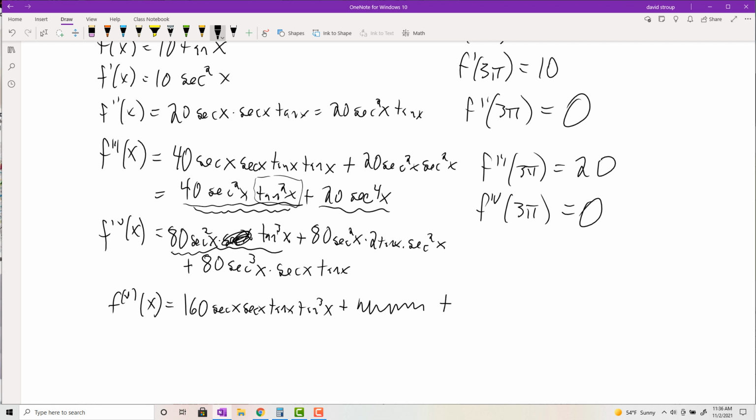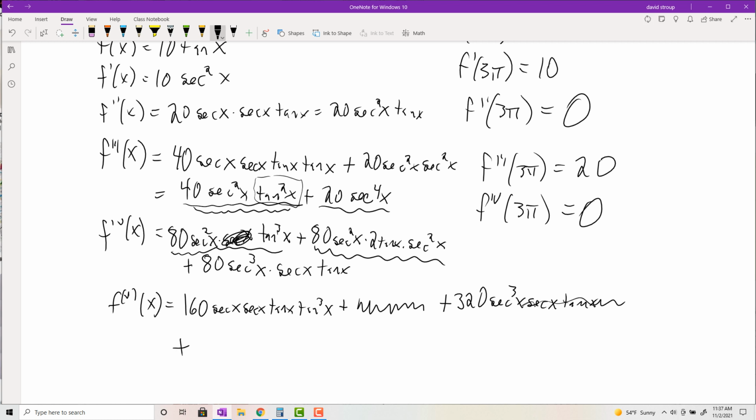Then plus this thing. So first taking the derivative of secant to the fourth, I'll get 320 secant cubed x times secant x tan x. Whatever that is, it'll just be a big 0.